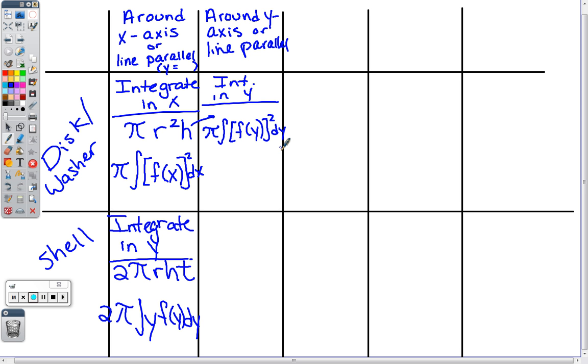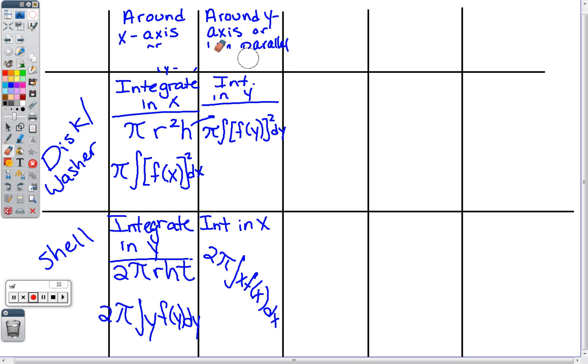And this will be integrating in x. And the same thing in x, right? This is not line parallel, this is just the y-axis.